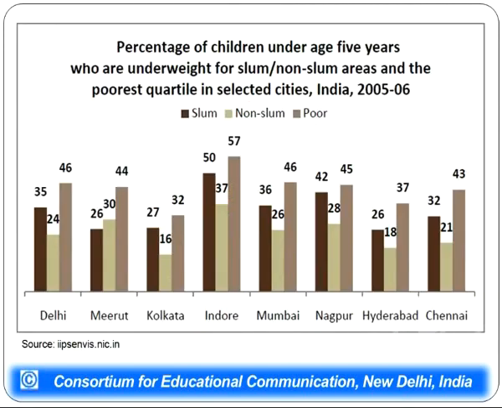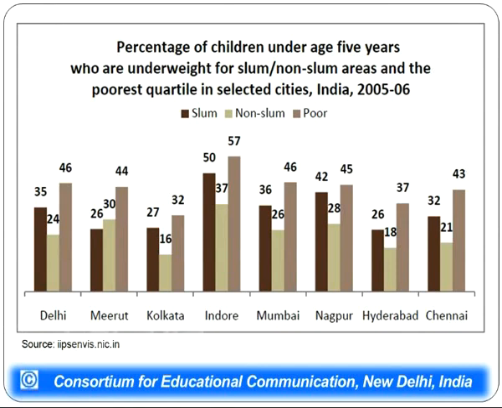This is very much linked with the nutrition. Now you can see the percentage of children under age 5 years who are underweight for slum and non-slum areas. Here we compare. Slum means the worst form of visible poverty, like a poor area. And you can see Indore has a very high figure, followed by even Mumbai or Delhi, these mega cities, Chennai.